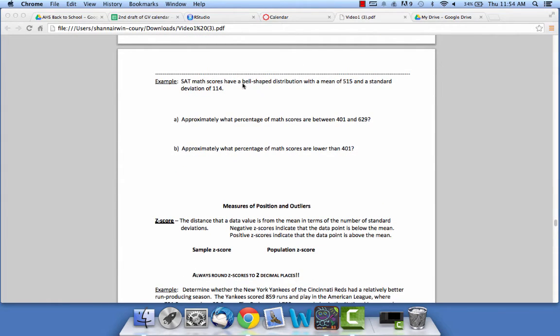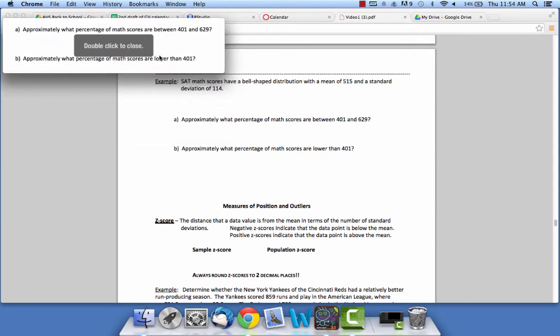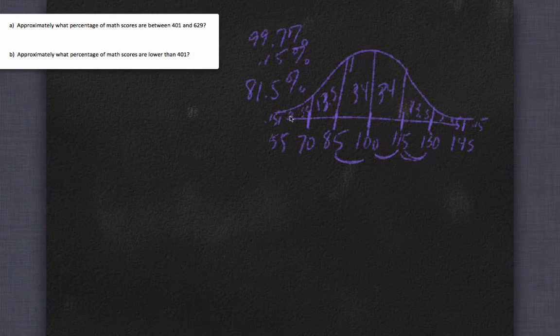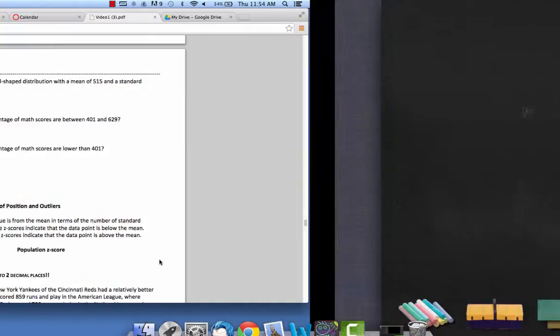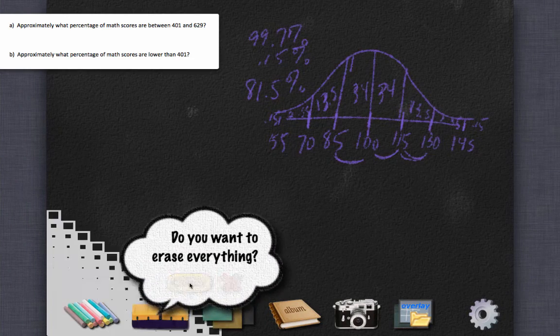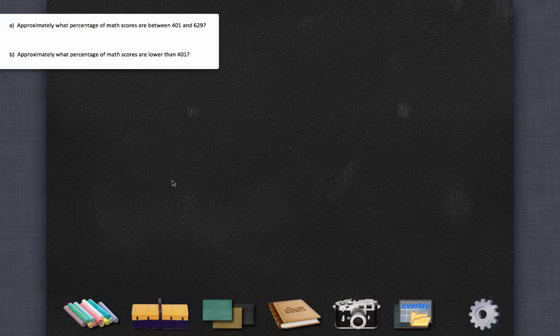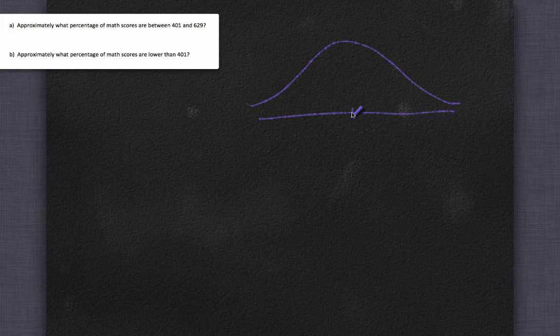Okay, so SAT math scores, mean of 515, standard deviation of 114. So 515 goes in the middle. Add 114.